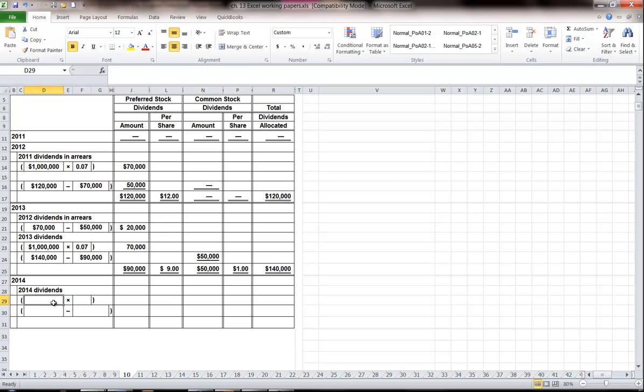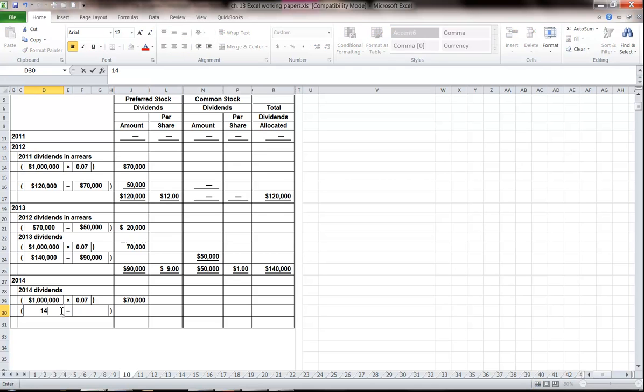So for 2014, just like we've calculated before, we have our $100 par value times our 10,000 shares outstanding, which is 1 million, times our 7%, which means that I need to pay them $70,000 in dividends. And I don't have any arrears, so I can't pay them more than $70,000.